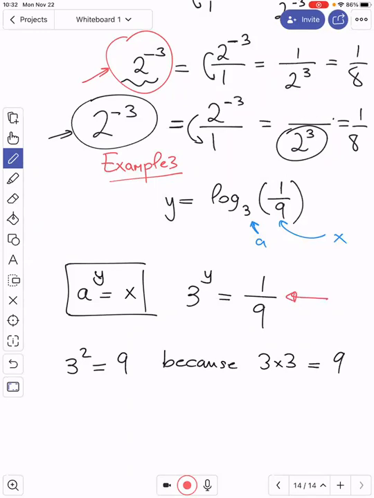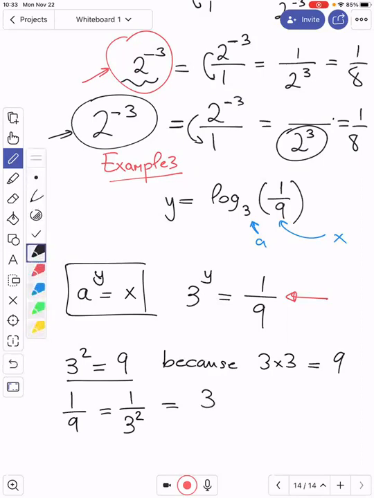And so the idea is, if you have 1/9, because 9 is 3 squared, that would be 1/3 squared. But then 1/3 squared, as I said, if you move this 3 squared to the top, that will be 3 to the power -2.